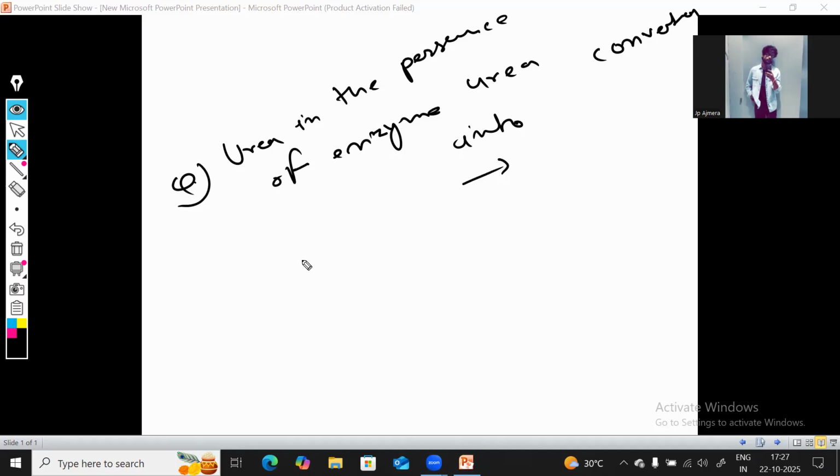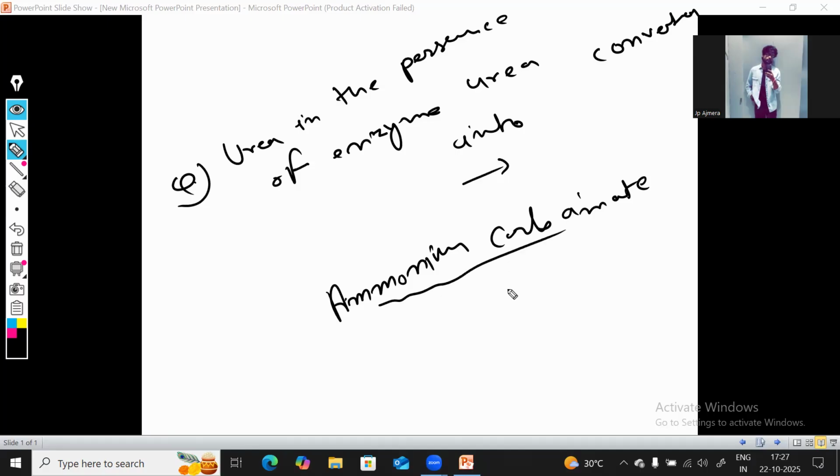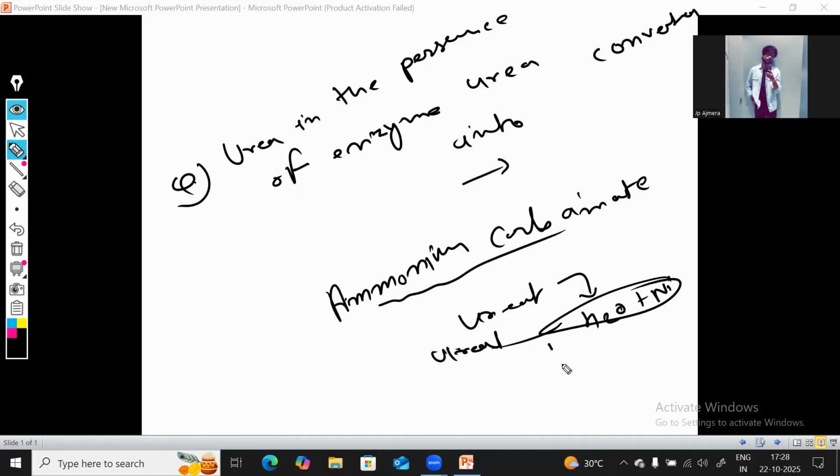Urea in the presence of an enzyme is converted into ammonium carbamate. What is ammonium carbamate? When we apply urea in the field, in the presence of water plus nickel, the urease enzyme converts the urea into ammonium carbamate. That is the first unstable product of urea.